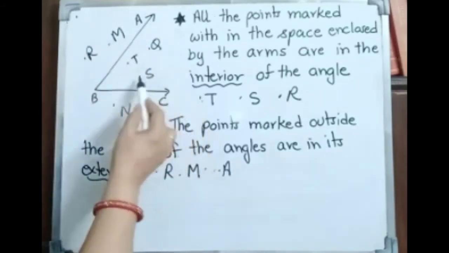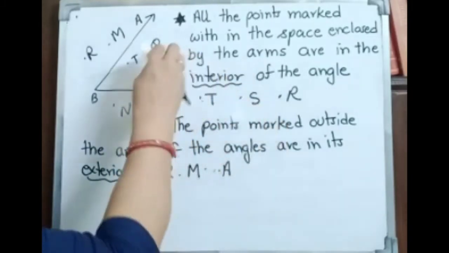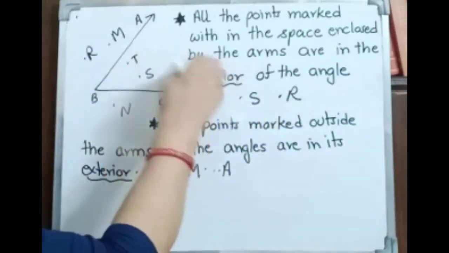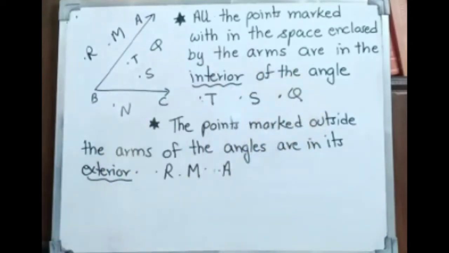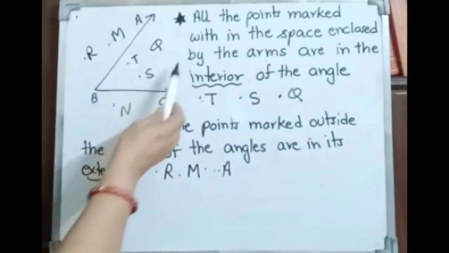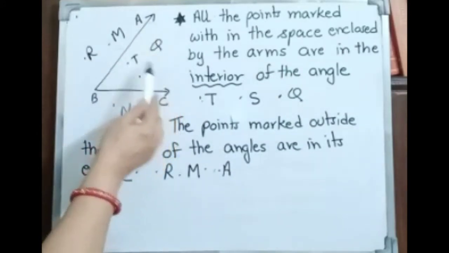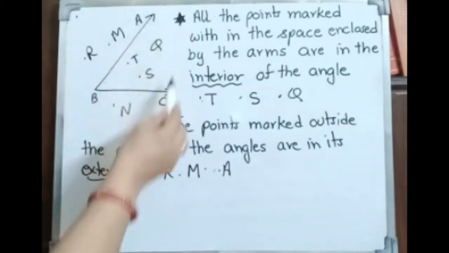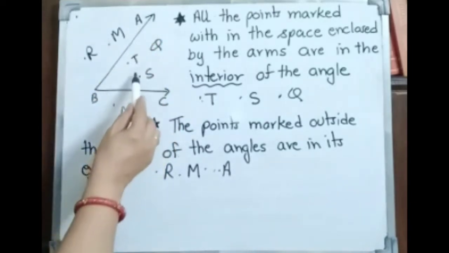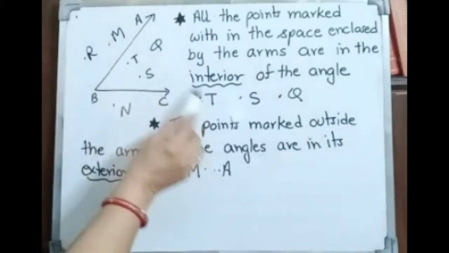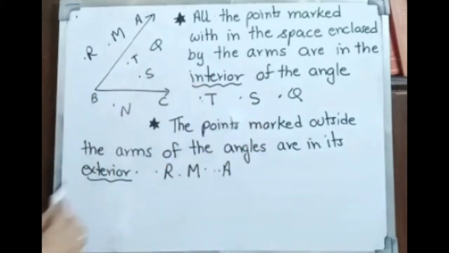So point P, point S, point Q. These 3 points are the interior of the angle. Once again I repeat, all the points marked within the space enclosed by the arms are in the interior of the angle.